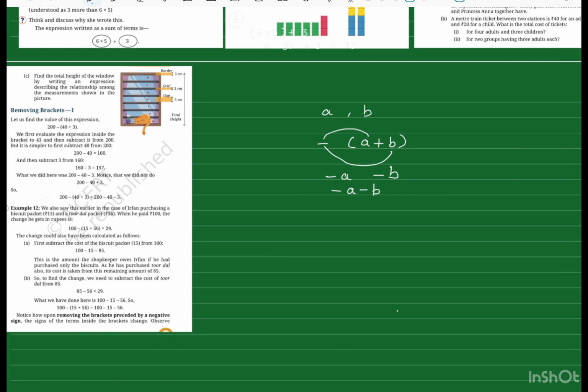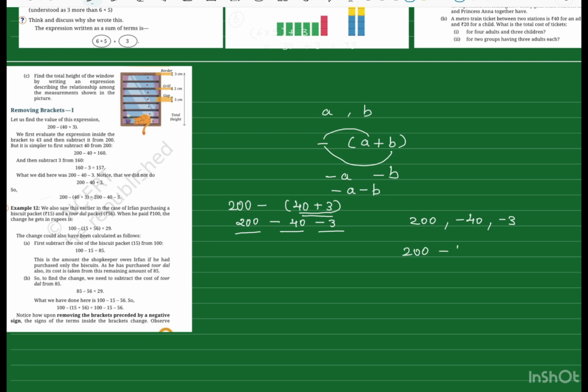Here we are given: evaluate the expression 200 minus, in brackets, 40 plus 3. Since it is not a multiplication, we can evaluate the terms: 200, minus 40, minus 3.